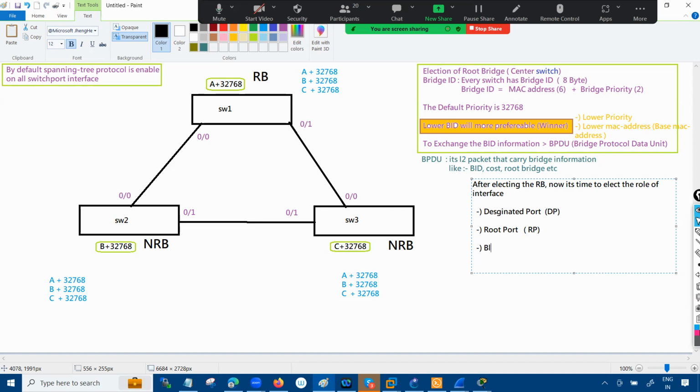Another type of port is called a blocking port, the alternate blocking. I'm not pretty sure what the short name of this one is, so I'll just put BP port. So we have these ports over there.